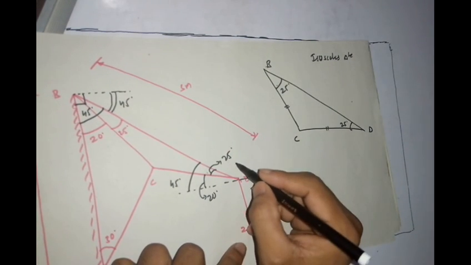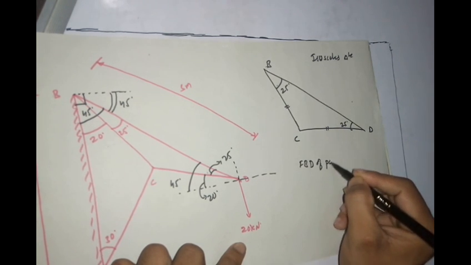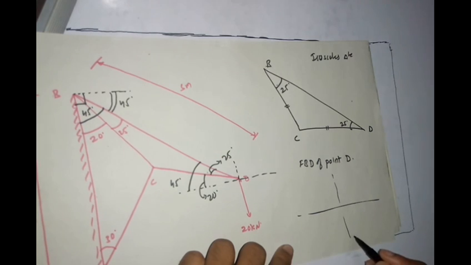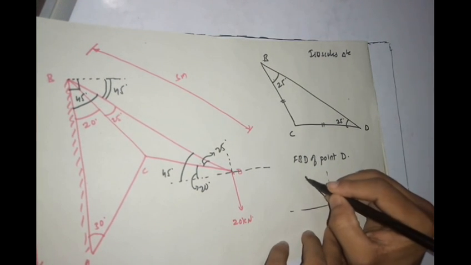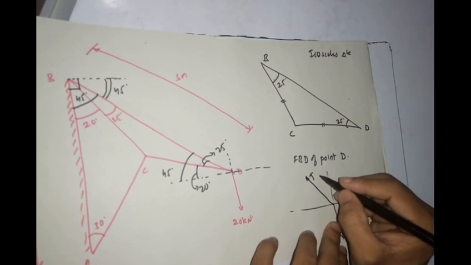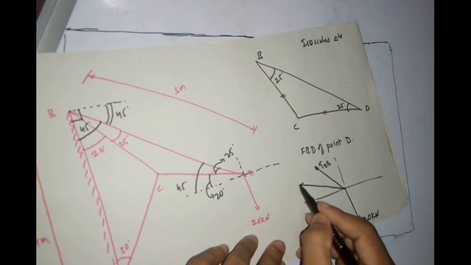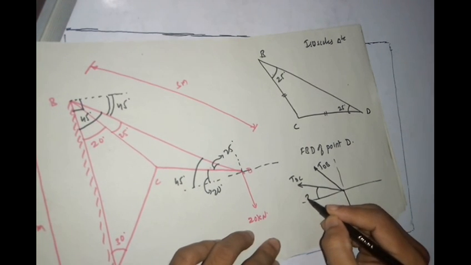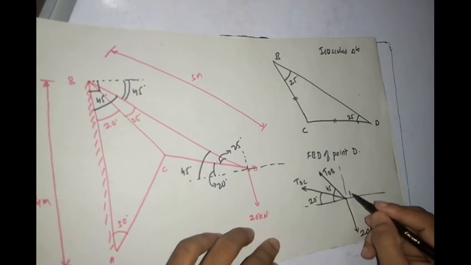Let us draw the free body diagram of this point D. Here it is 20 kilonewton, and from here to here it is TDB, and from here to here it is TDC. Here the angle is 20 degree and here the angle is 45 degree.